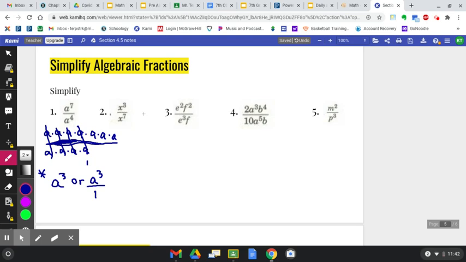However, have to be careful, like on the next one here, x to the third would be x times x times x. And then we'd have 1, 2, 3, 4, 5, 6, 7 on the bottom. So if I cancel, right, so they all cancel from the top, right?